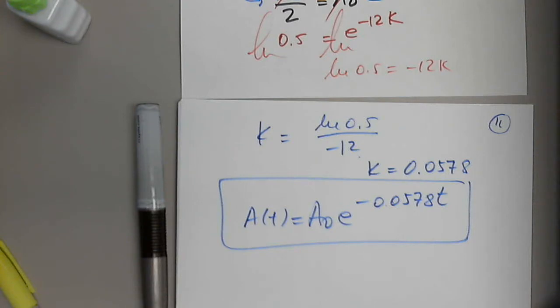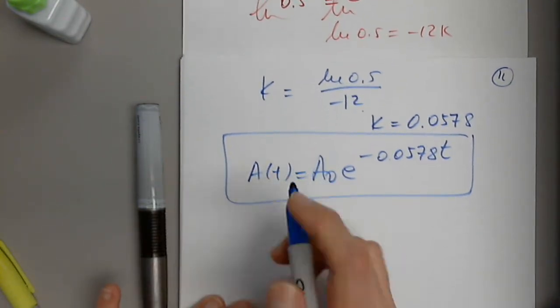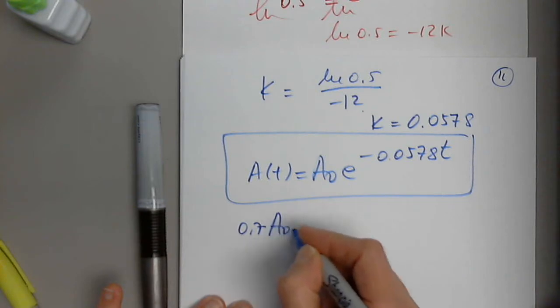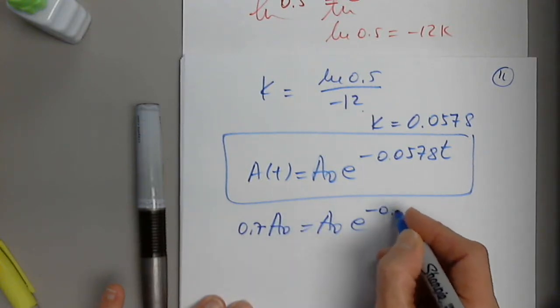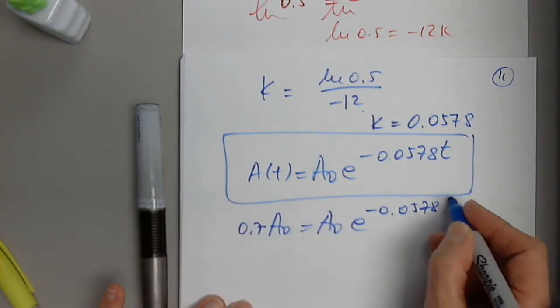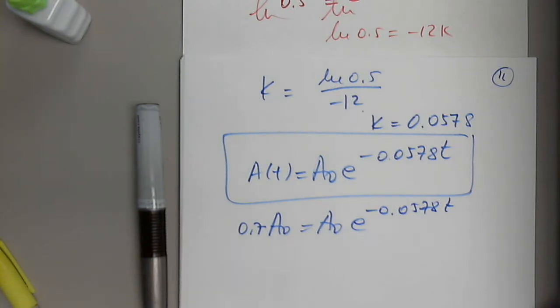So what would you make A of t? 0.7 of A0, yes. So now the amount is 0.7 A0 equals A0 e to negative 0.0578 t. Now, will we get the answer t less than 12 hours or more than 12 hours? Less than, of course, because it decays to 50% in 12.